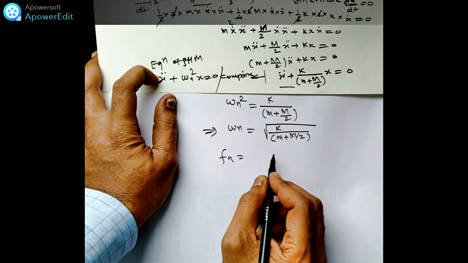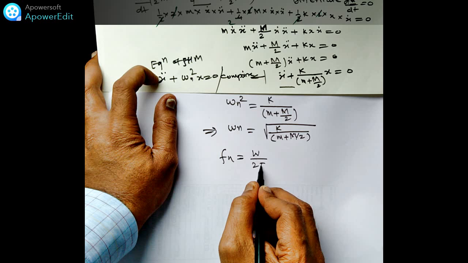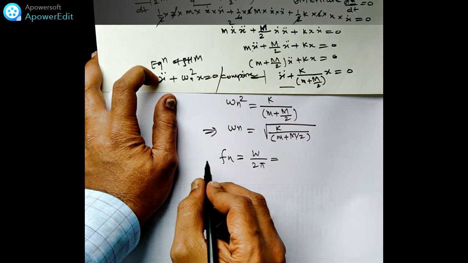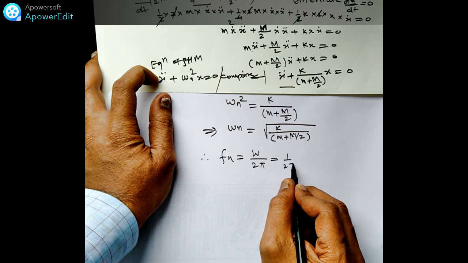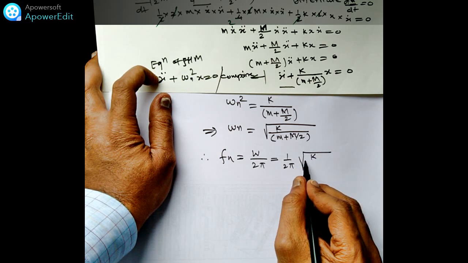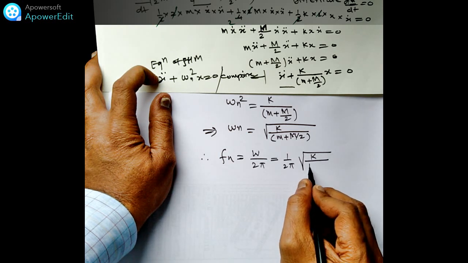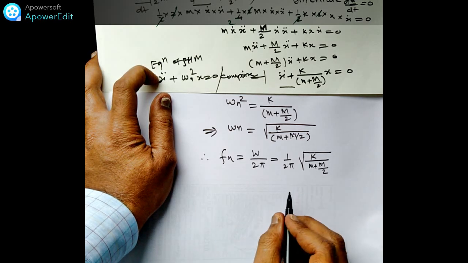This frequency is equal to, what is the formula? Omega n by 2 pi for Fn, okay. So omega n we know, so I will write again this equation, 1 by 2 pi under root of k divided by m plus capital M by 2.